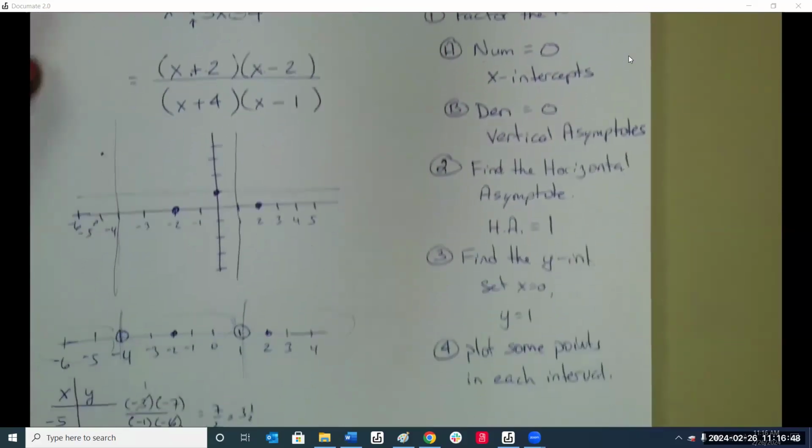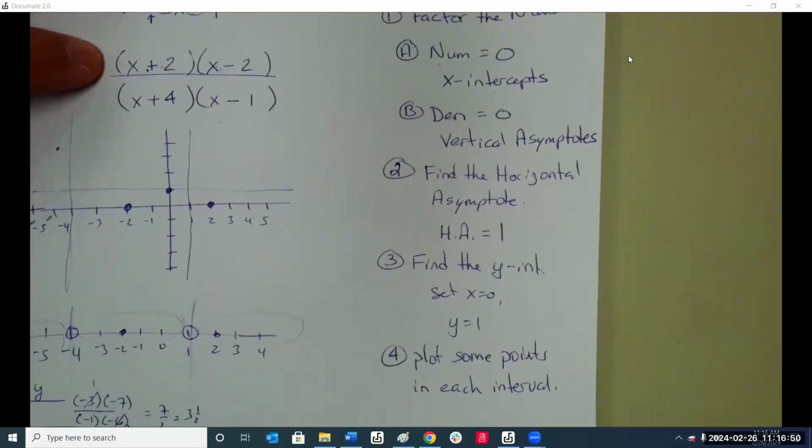At -6. -6 plus 2 is -4. -8. -2. -7. Answer is going to be positive. The 2 and the 4, so it's 16 over 7. 2 and 2/7.